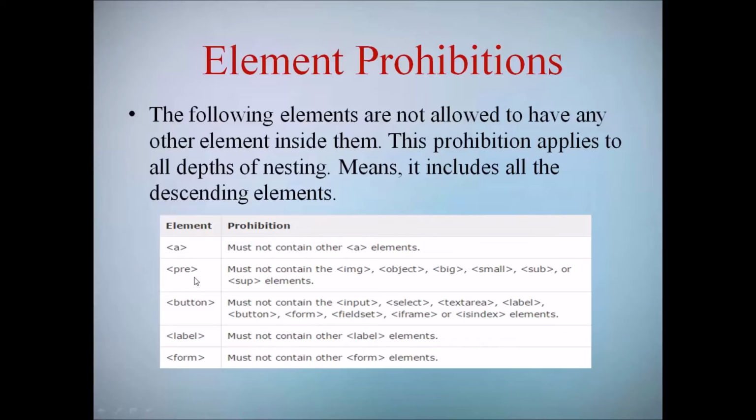The pre tag must not contain the image tag, object tag, or any formatting tag elements. The button tag must not contain the input, select, textarea, etc. elements. The label must not contain other label elements. The form must not contain other form elements.